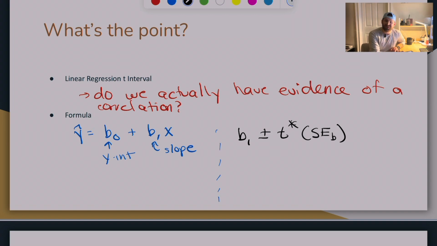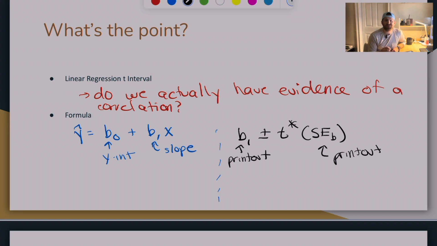Again, one thing that's really important here is this standard error comes from that weird computer printout that you will see. You are not expected to be able to calculate the standard error of the slope on the exam. That is not possible. Same thing for the actual slope here. This comes from the printout.